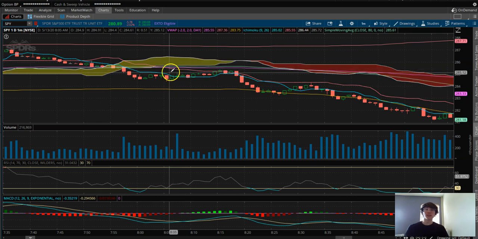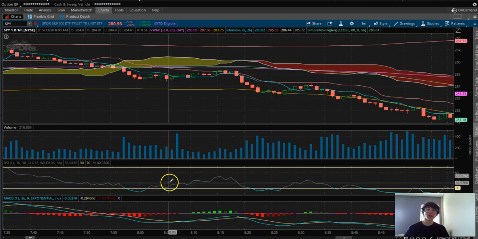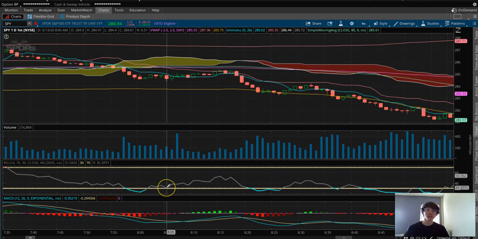This red line is the Kijun, the blue line is the Tenkan. This thing right here is what's called the Ichimoku cloud. So it's trading below the cloud, and we have red crossing above blue. Those are downward signals.